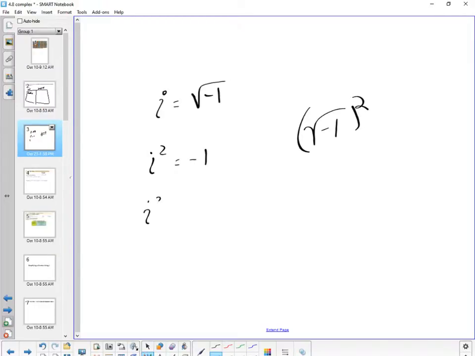If we had i to the third, what's that going to become? Not -1. That's going to become negative i. How did that happen? Let me show you. i to the third is i squared times i, would you agree?